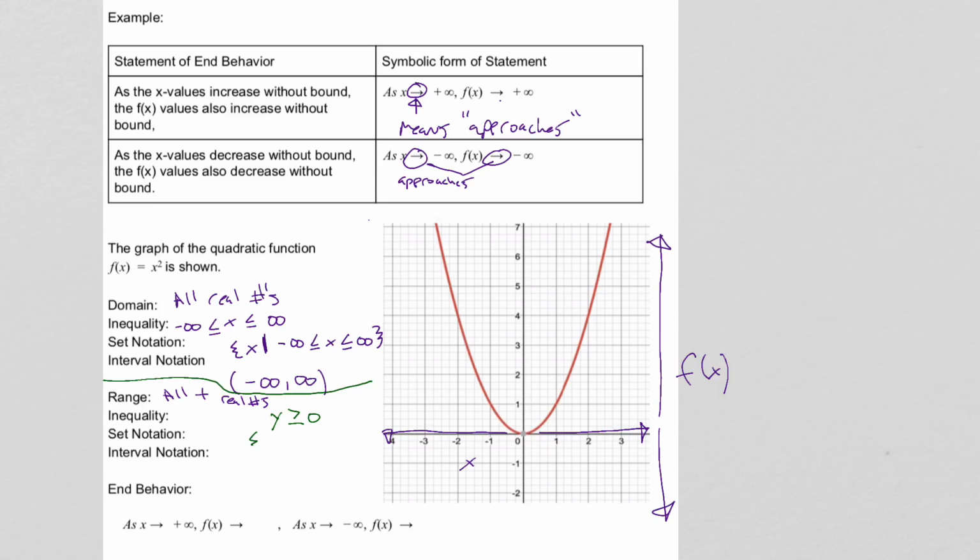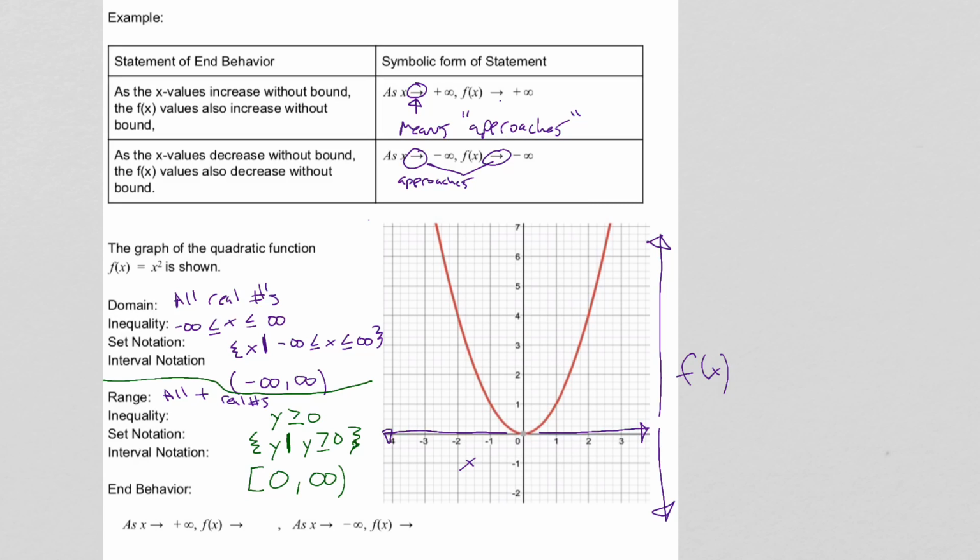And for set notation, I do the funky bracket y such that y is greater than or equal to 0, and the funky bracket. And then as an interval notation, I'm including 0. So I've got the sideways staple, and it goes up to positive infinity.